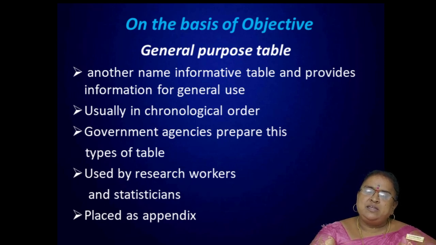It is usually set in chronological order. What do you mean by chronological? Date wise or month wise or year wise. Mainly government agencies prepare this type of tables and they are used by research workers and statisticians. These tables are usually placed as appendix.